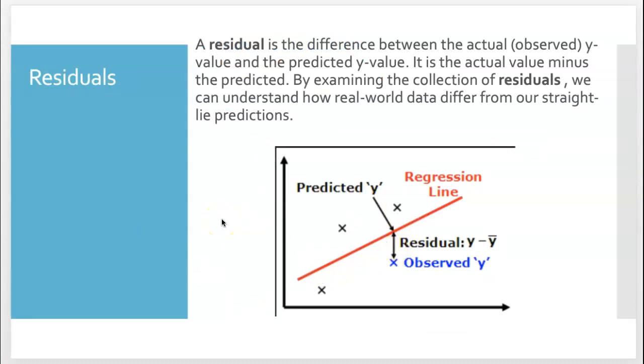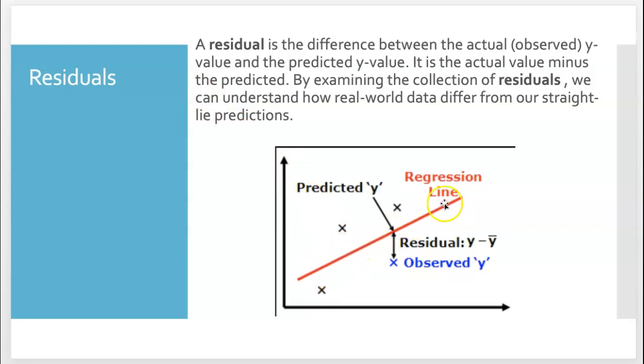Okay, and this residual is the difference between the actual observed y value and the predicted y value. So this is like a measure of the random component. It is the actual value minus the predicted. So by examining the collection of residuals, we can understand how real data differ from our straight line predictions.